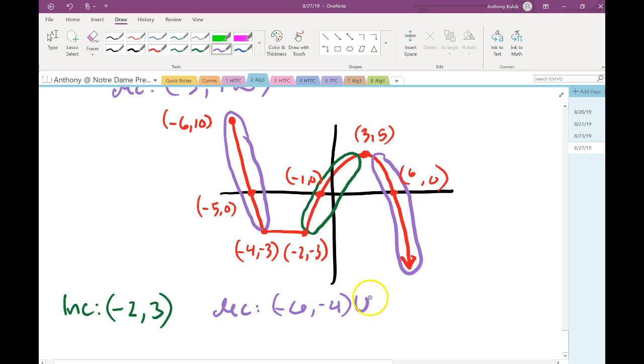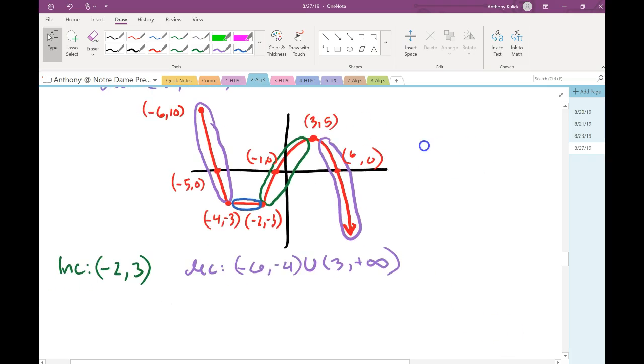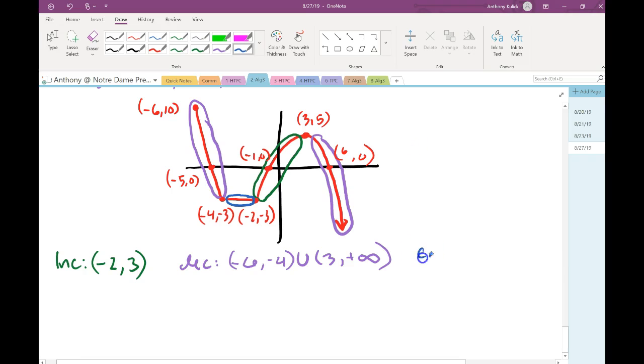The second interval begins at +3 and then ends with the right-hand arrow, so that's positive infinity. And then lastly, we need to do constants. I see 1 constant part. That begins at -4 and ends at -2. Everybody on board with that?